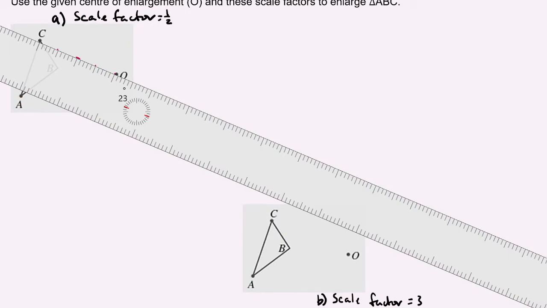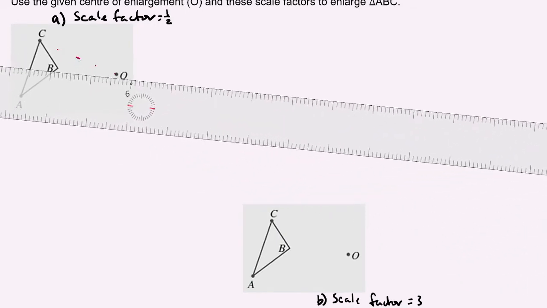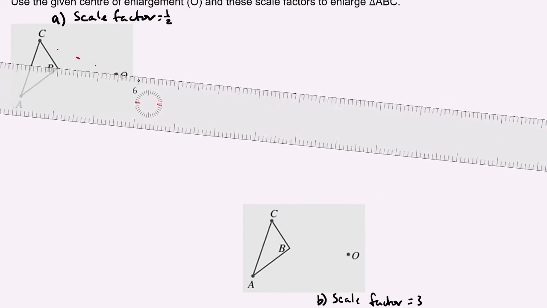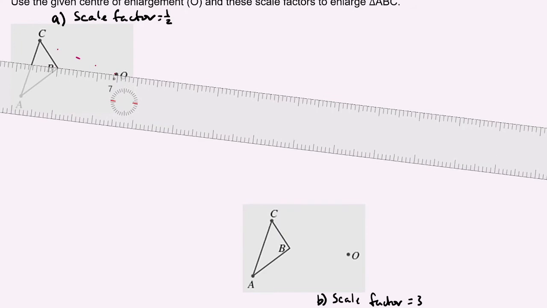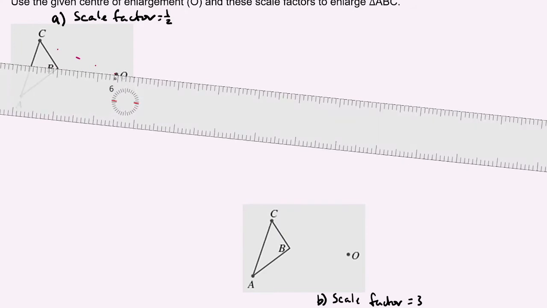And then I do the same with the B. So I find out that distance. This one is 1, 2, 3. So I want to go 1.5.